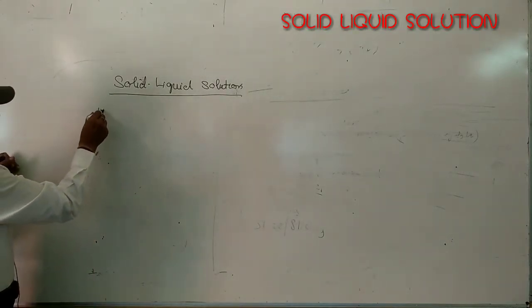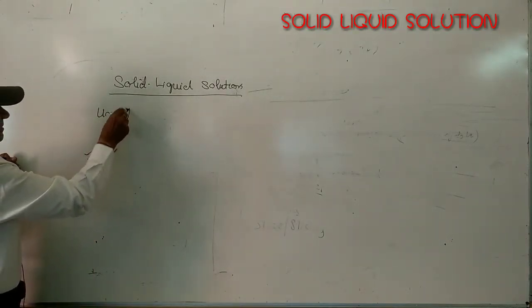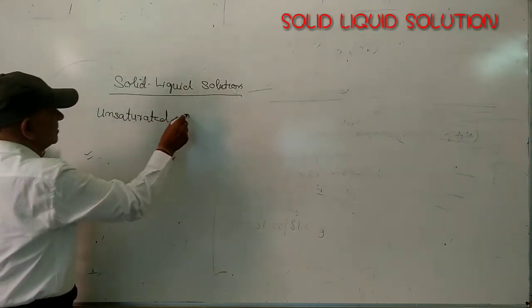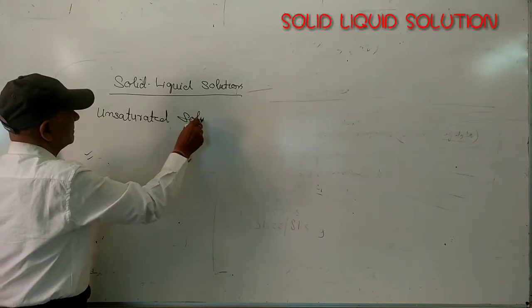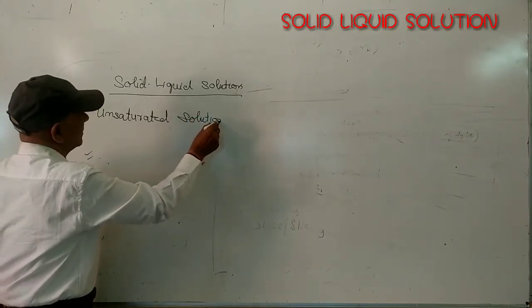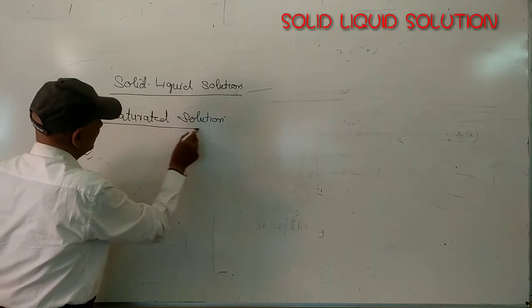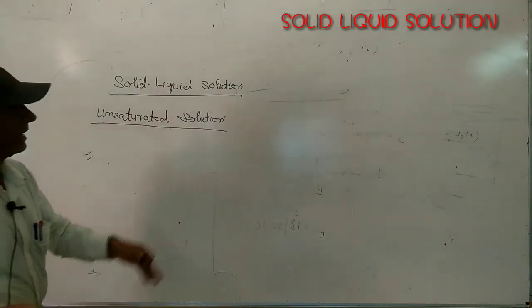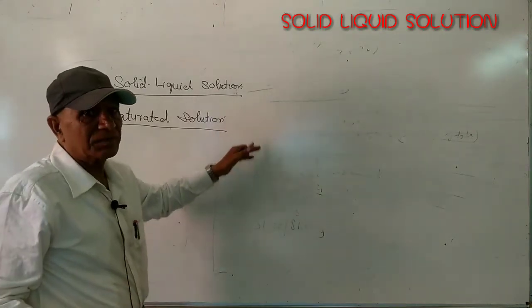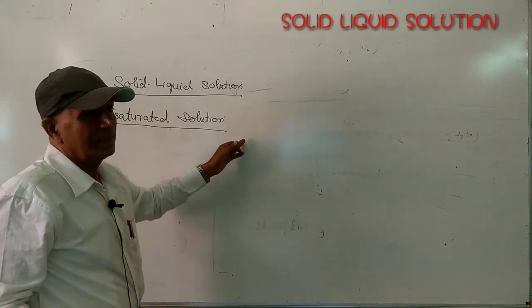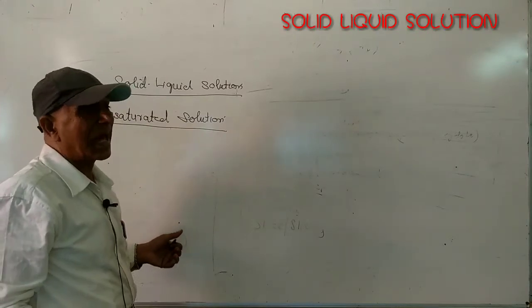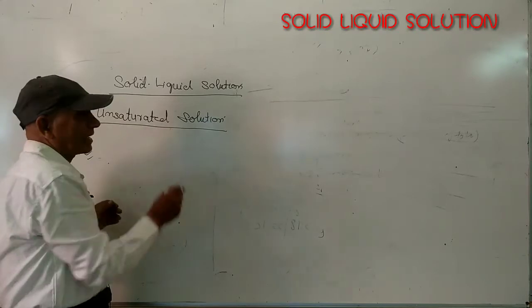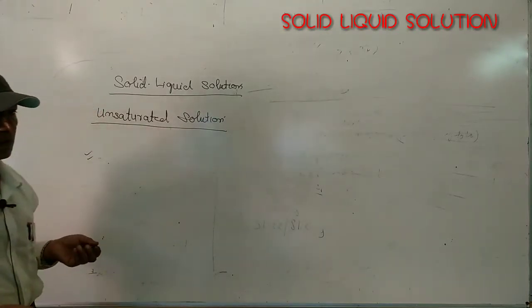One is the unsaturated solution. The unsaturated solution is the solution in which a small quantity of the substance is present in a large quantity of the solvent, a dilute solution. So such solutions are called unsaturated solutions.